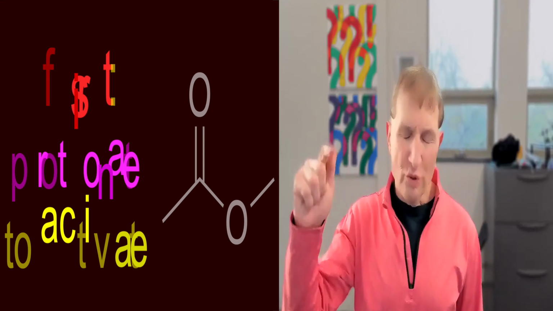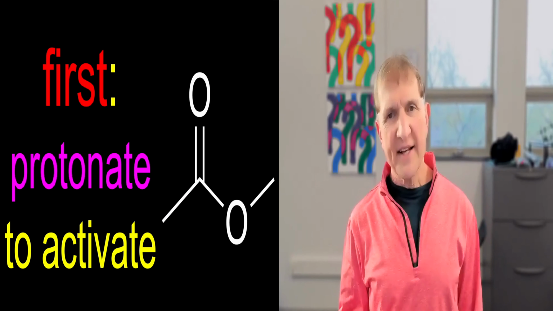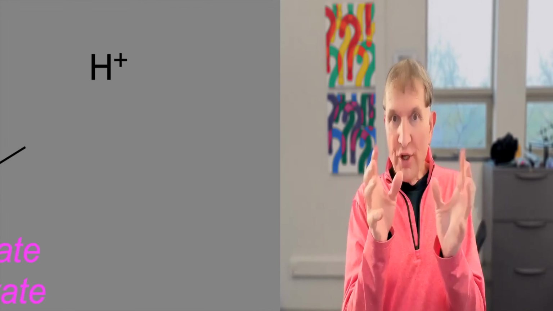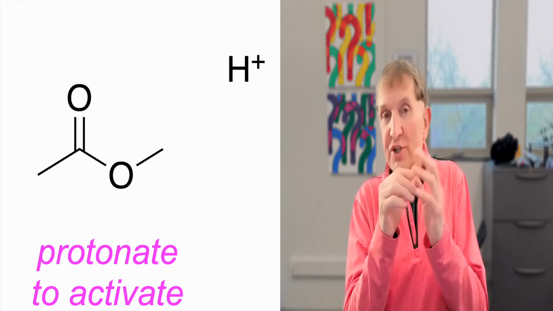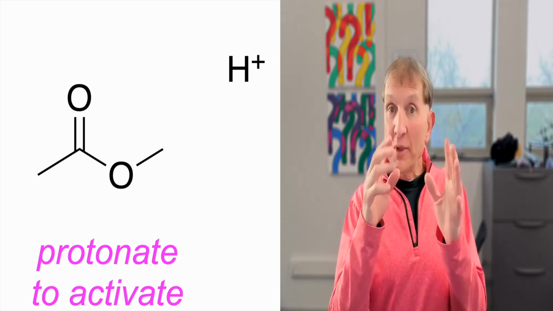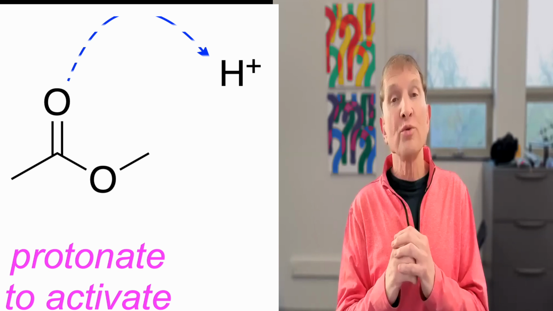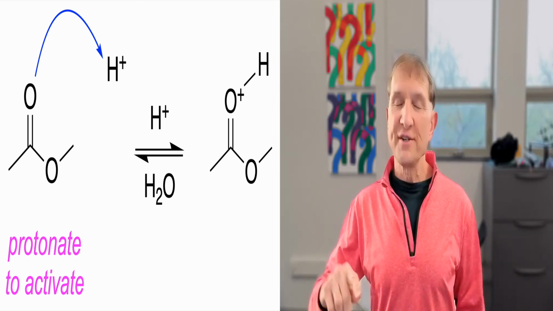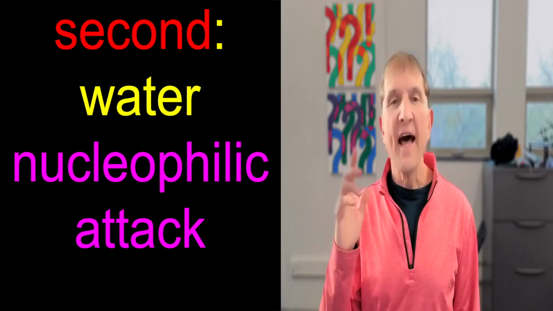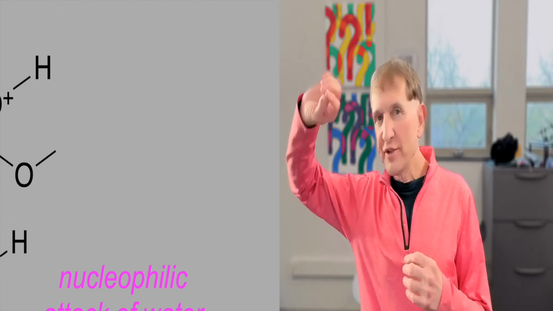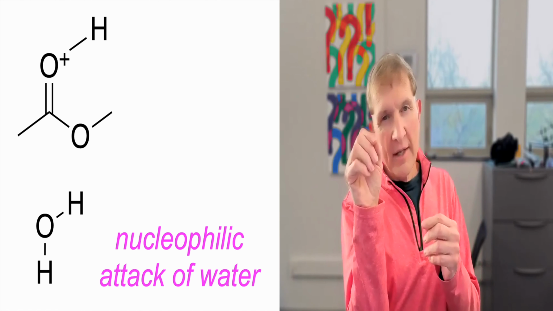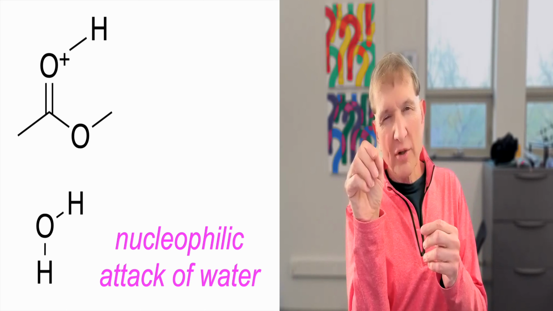First step, protonate to activate, always in acid. That's what we do. Protonation of the carbonyl oxygen activates the carbonyl carbon towards the next step, which is nucleophilic attack of water. Water is attracted to the delta positive on the carbonyl carbon.